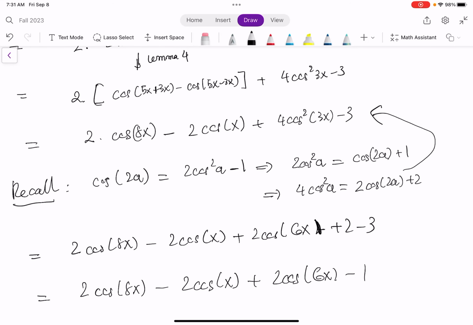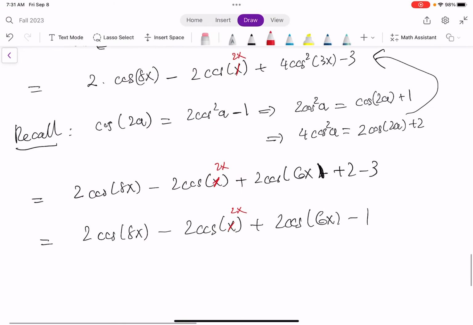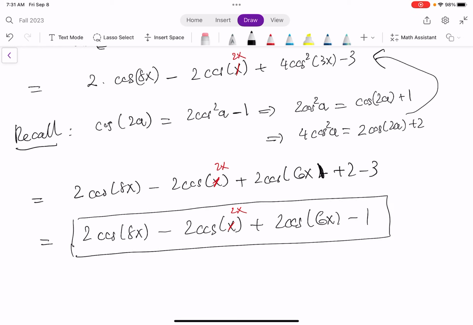Oh, it's 2x. 5 minus 3 is 2, guys. I'm so silly. This is 2x. So this is the result we arrive at. It is similar to the result I just presented you. This is the right hand side, so you can say when you finish a math proof, you can write QED.